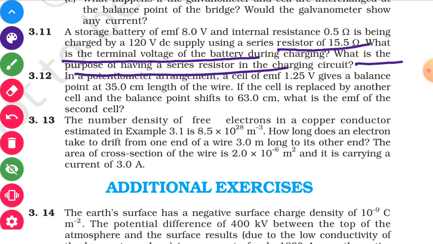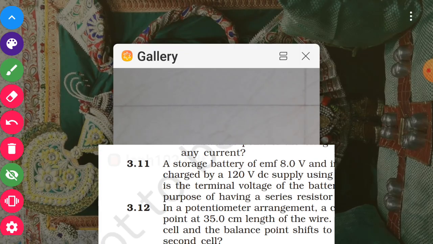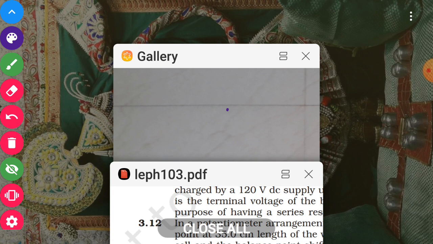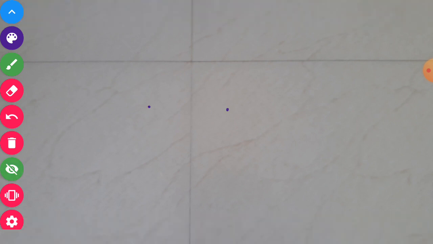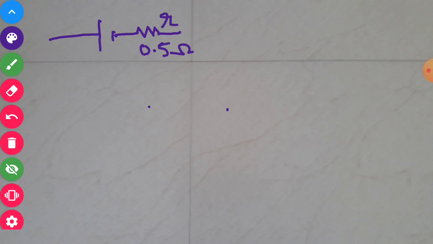Now see, I am drawing the circuit first of all for you. Here we have a small battery of 8 volt, which is being charged. It has internal resistance of 0.5 ohm. We say this is r.